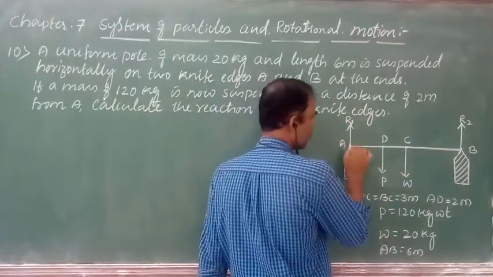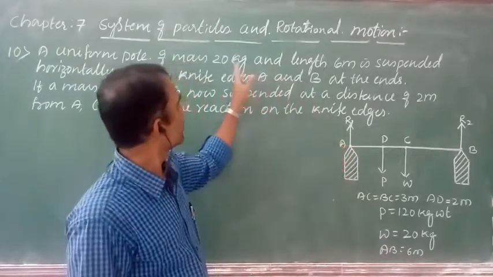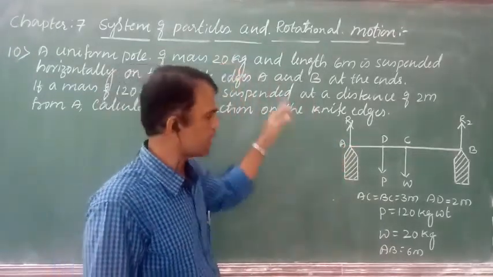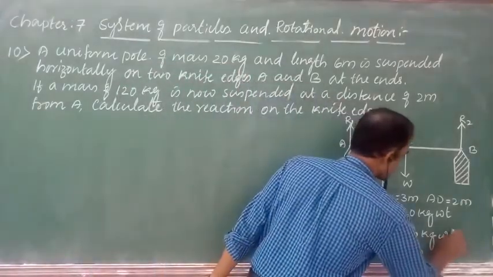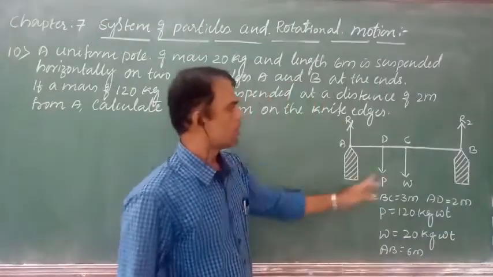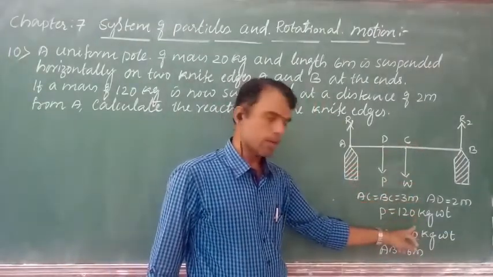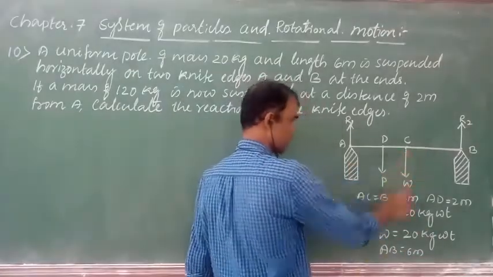And this pole has a weight of 20 kg. They have given its mass as 20 kg, and we can take that as 20 kg weight, which is the weight of the pole.